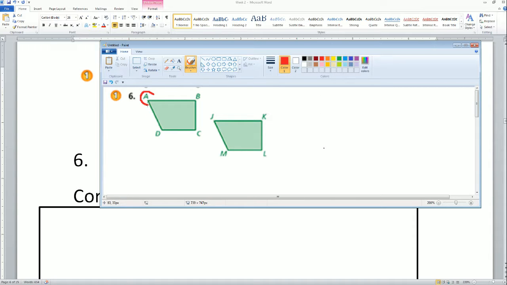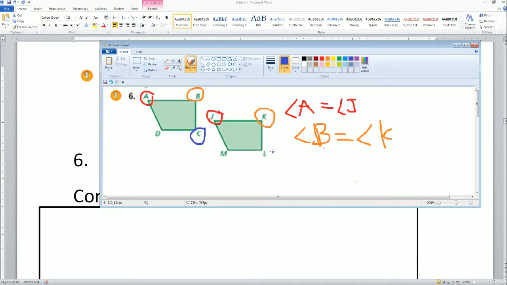A is going to be the same thing as J. Angle A is the same thing as angle J. Then let's do orange. B is going to be the same thing as K. Angle B is the same thing as angle K. Let's do blue here.